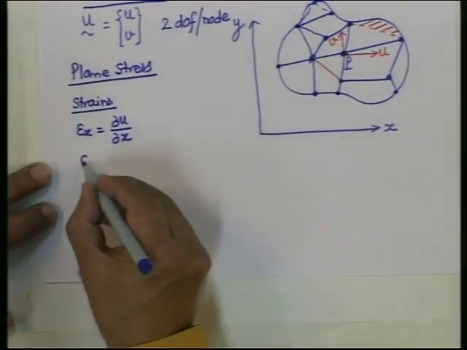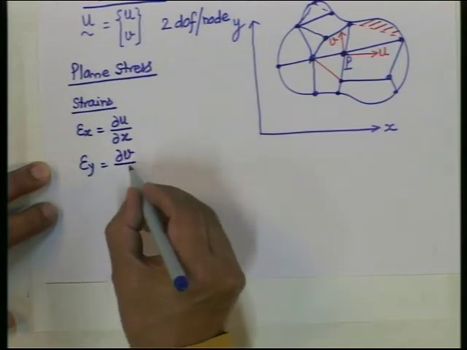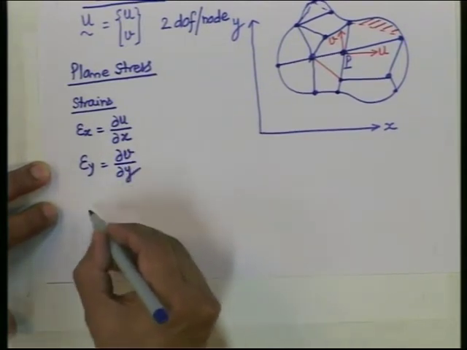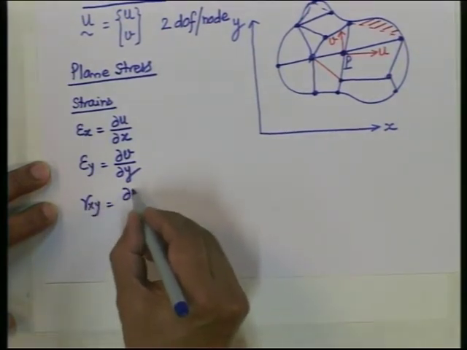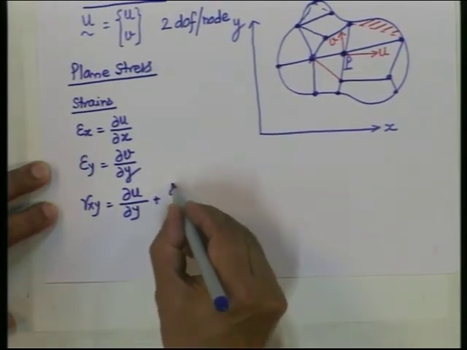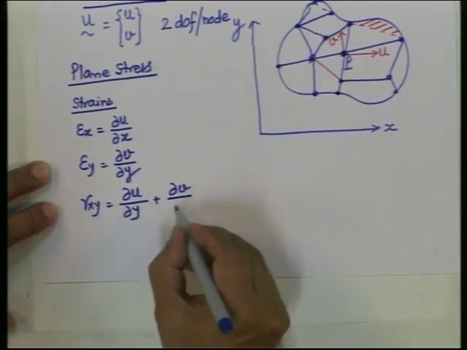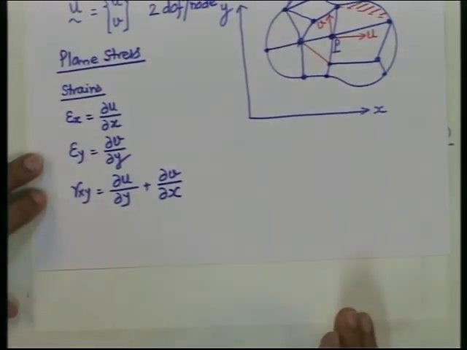Epsilon y is dv by dy, gamma xy is du by dy plus dv by dx. Any other strain that is present? No, only 3 strains. In plane stress, we have only 3 strains.